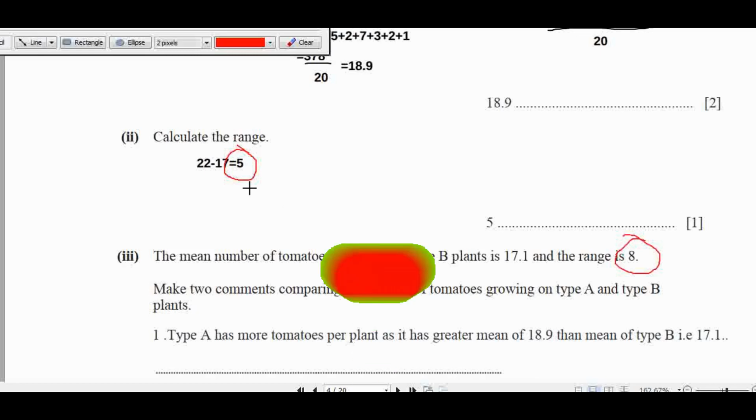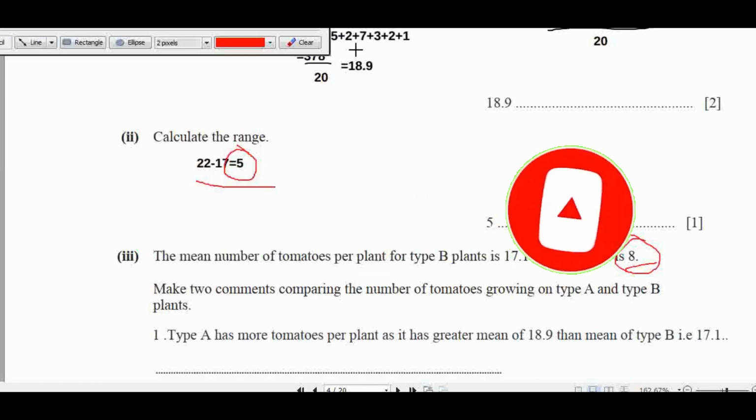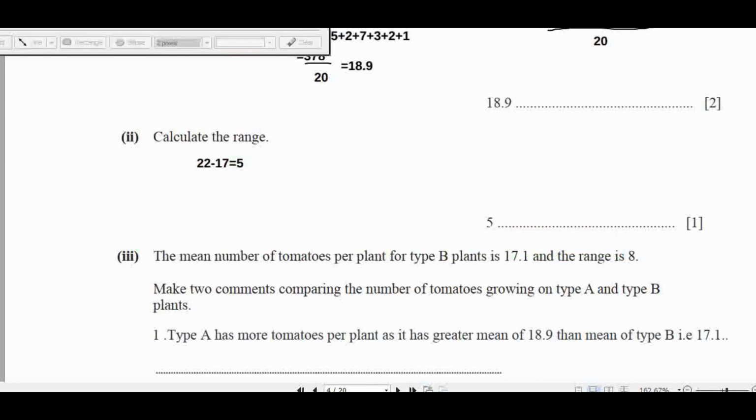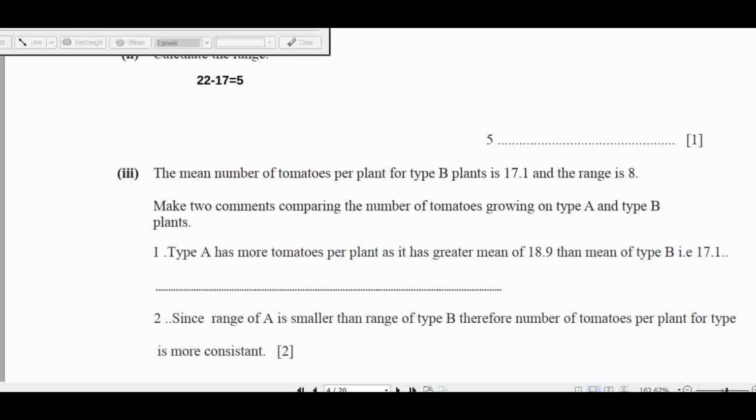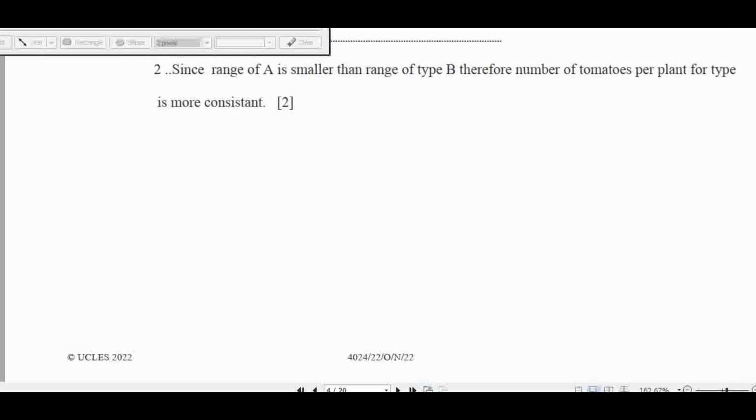Since the range for type A is 5 and range for type B is 8, the data for A is consistent. Since the range of A is smaller than range of type B, therefore the number of tomatoes per plant for type A is more consistent. Okay, that's it. These are two comments.